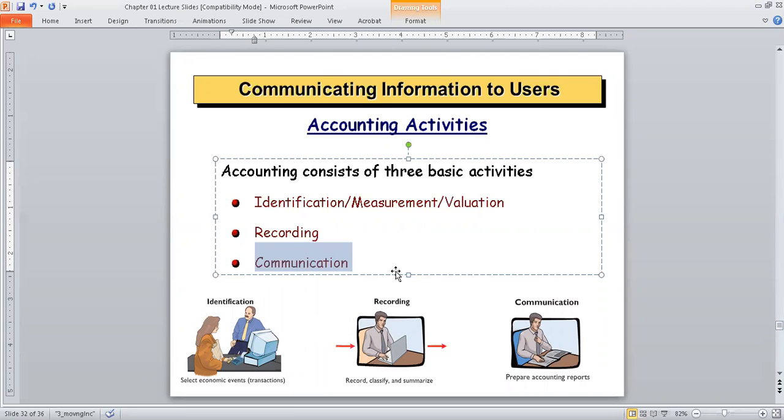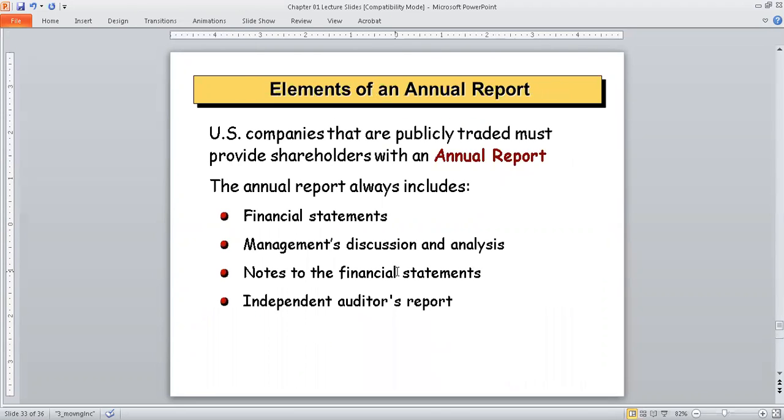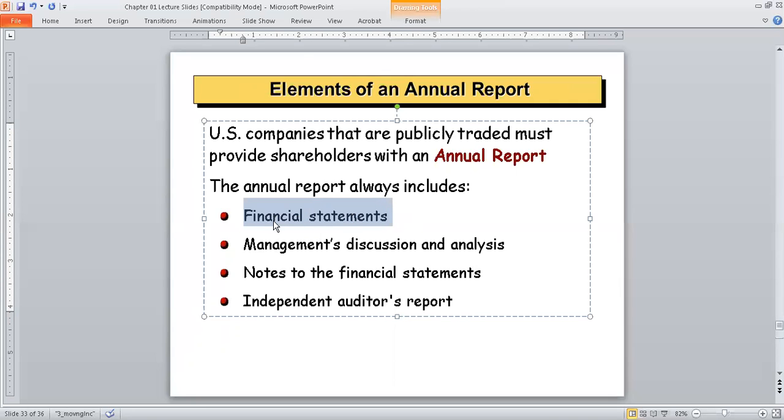But we also communicate with an annual report. That is the communication tool between a corporation, a publicly traded corporation, and its shareholders, as well as creditors and other parties. And as you can see, the financial statements are a part of the annual report, but a very small part.